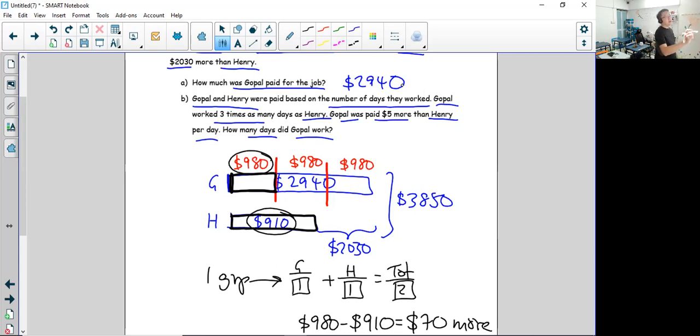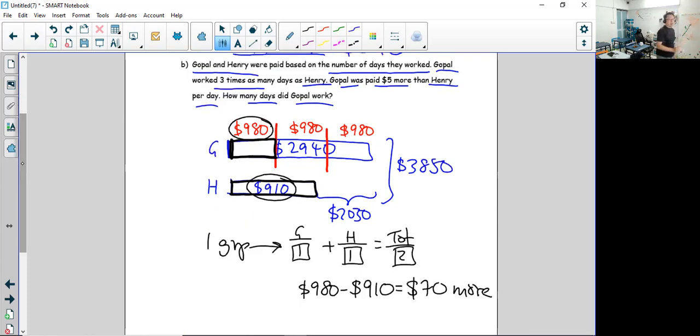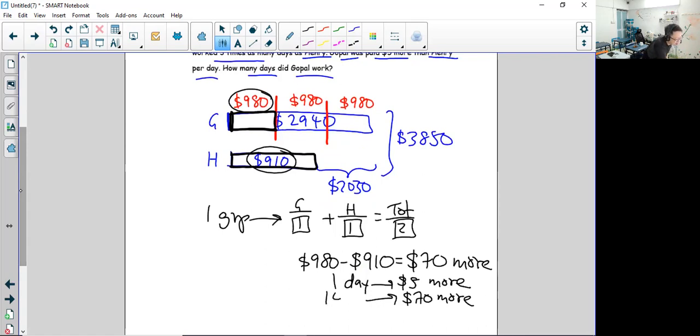If in 1 day Gopal was paid $5 more, then $70 more will be how many days? 70 divided by 5 gives you 14.